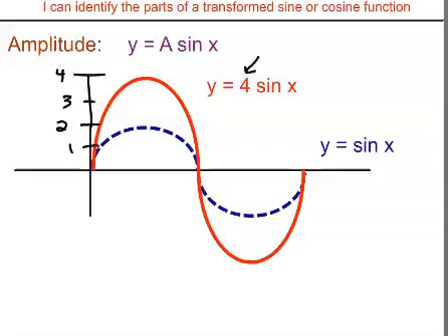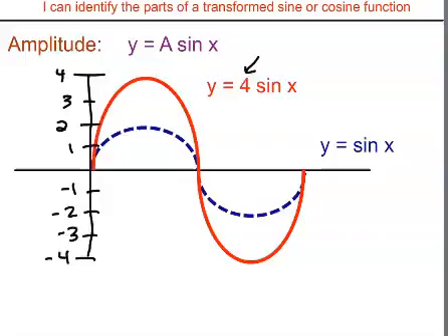Okay. So if you remember that with some other graphs, if we had a vertical stretch, instead of going up to 1, it would go all the way up to 4, and for that matter, all the way down to -4. Okay?